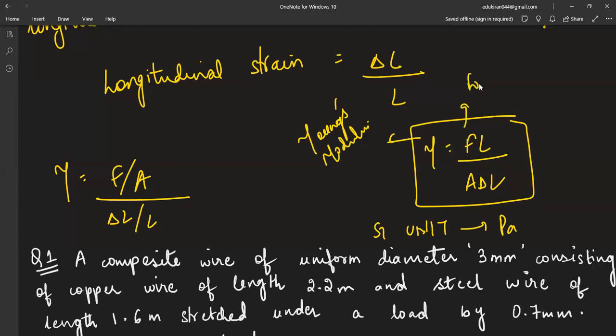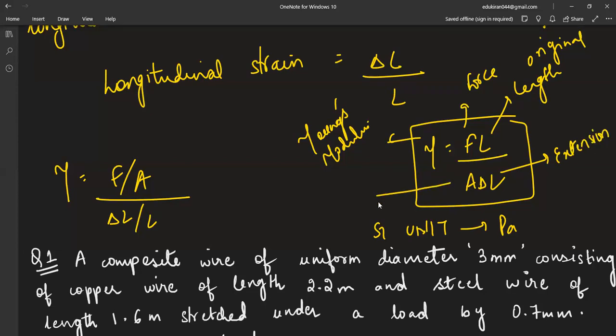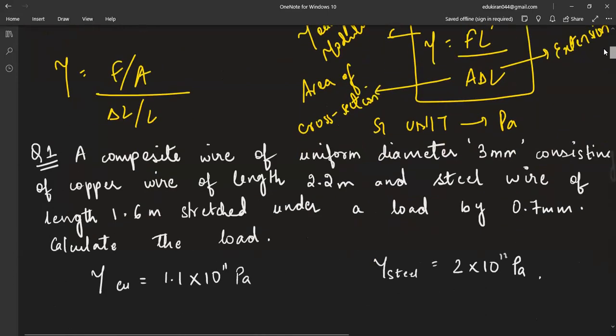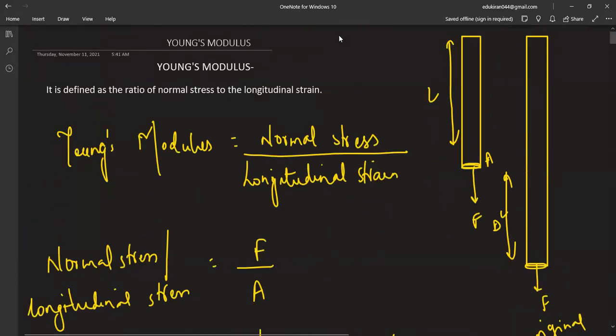F is the force, L is the original length, delta L is the extension or elongation, and A is the area of cross section. This is the formula that we'll be using. We'll see the questions also. First, you write down these theory portions, then we'll discuss.